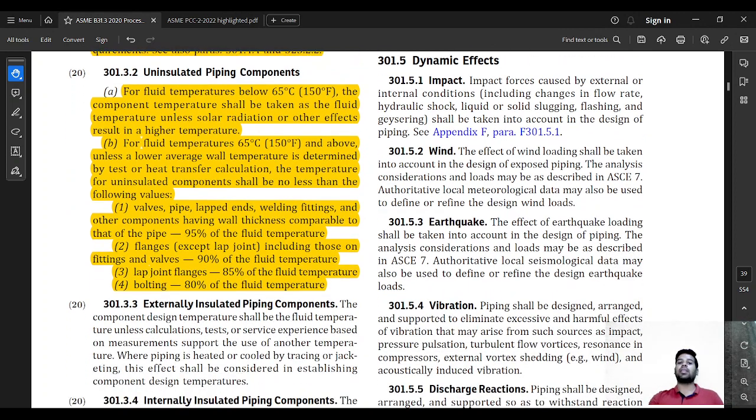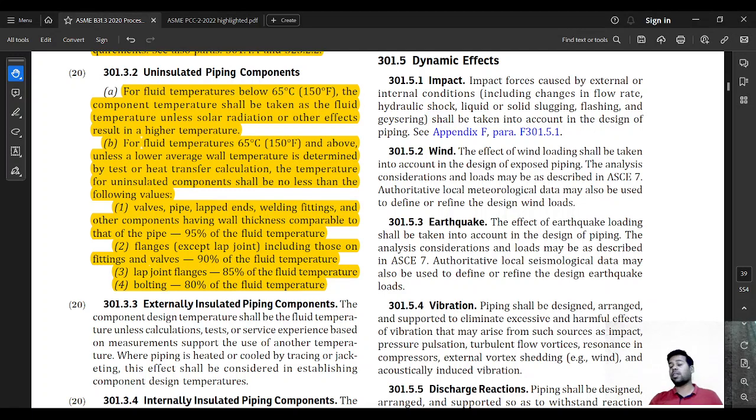Dynamic effects are basically dynamic loading that is going to happen on your equipment. So you can have impact, you can have wind. If there is a high wind velocity, your pipe is going to be subjected to various kinds of vibration. If there is an earthquake, then your piping can also be subjected to vibration.